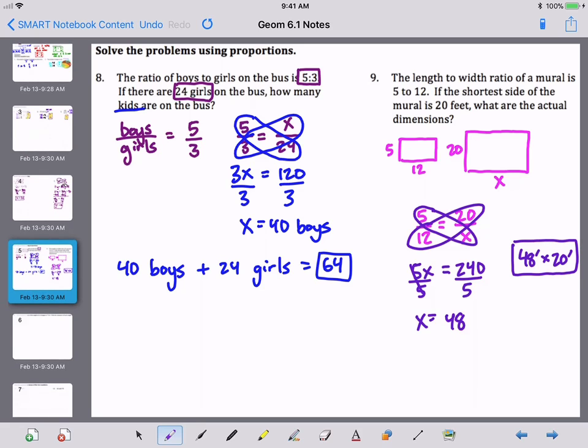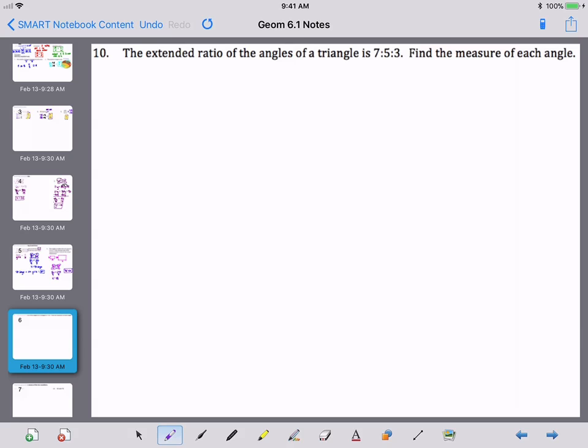Okay, let's throw some work with triangles in here. The extended ratio of the angles of a triangle is 7 to 5 to 3. We're going to figure out how much each angle has to be. So we don't know exactly how many degrees this angle is, but we know it's 7x, 5x, and 3x.